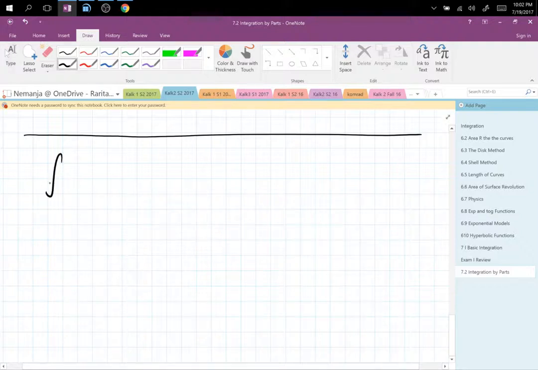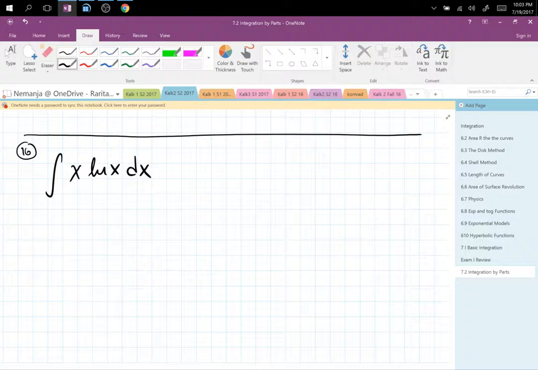So how about this? This is number 16. So you're looking at this x ln x, and you are tempted to pick what as u? x, because that's what we did in the previous 2 problems, right? Well, in this case, you won't.